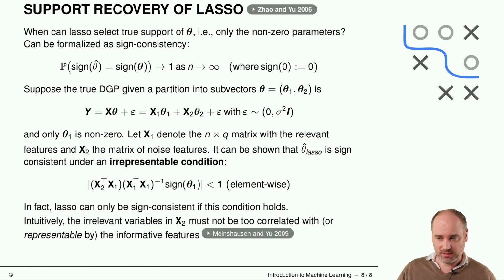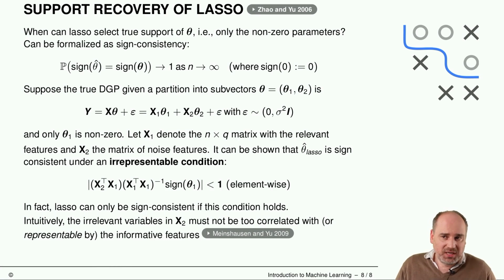Last but not least, a more informative analysis on when does Lasso actually do the right thing. So when does it actually select the true support of our theta? So when are only the non-zero parameters found and recovered and estimated by Lasso?